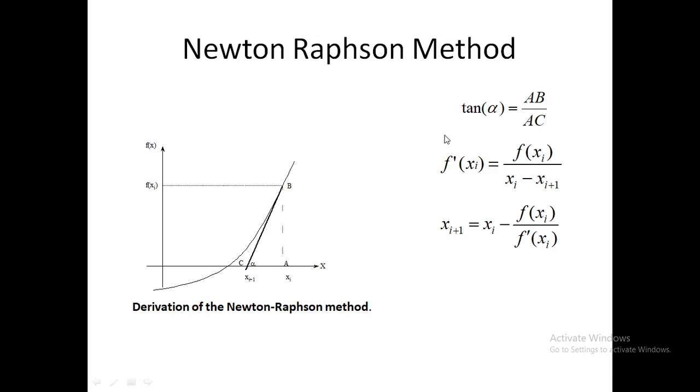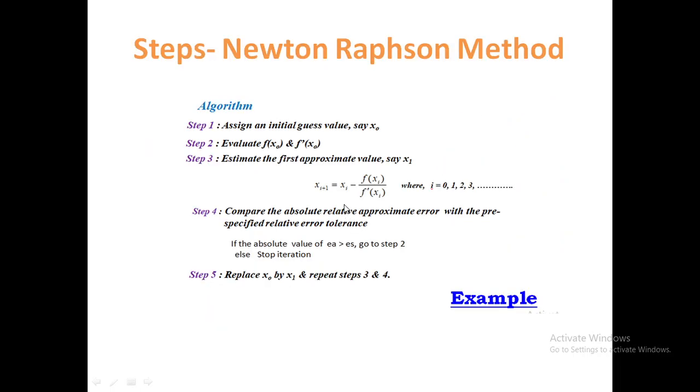You know the trigonometry. Tan alpha is equal to AB divided by AC, and f dash of xi is equal to f of xi divided by xi minus xi plus 1. Then, how to solve the actual numerical or algorithm with the help of a given numerical? There are some steps given.